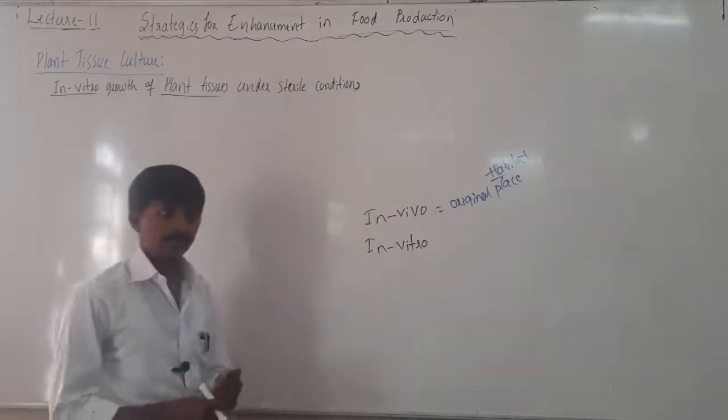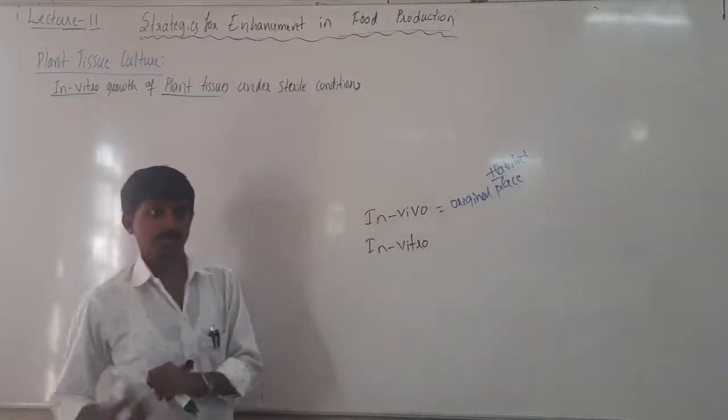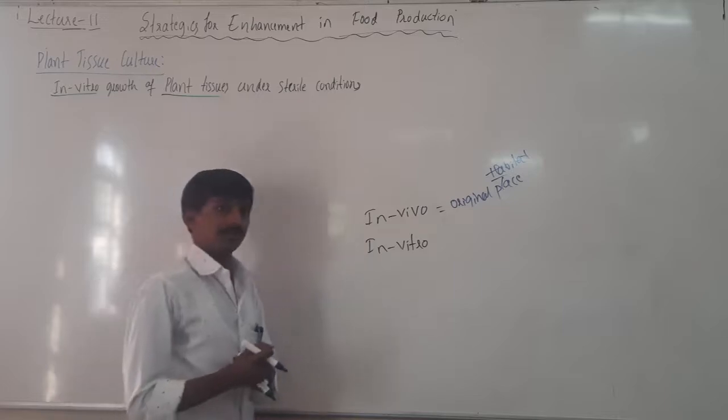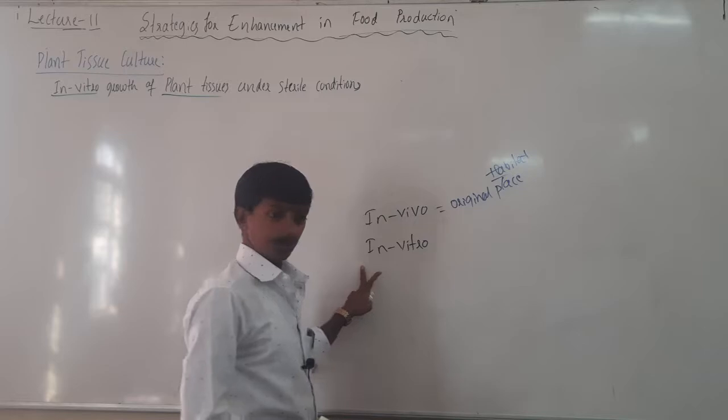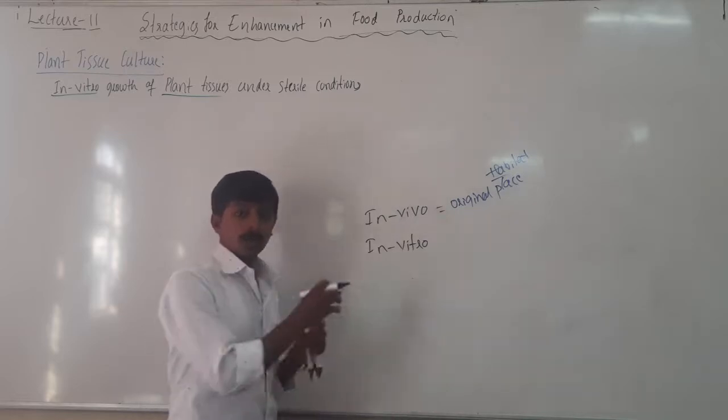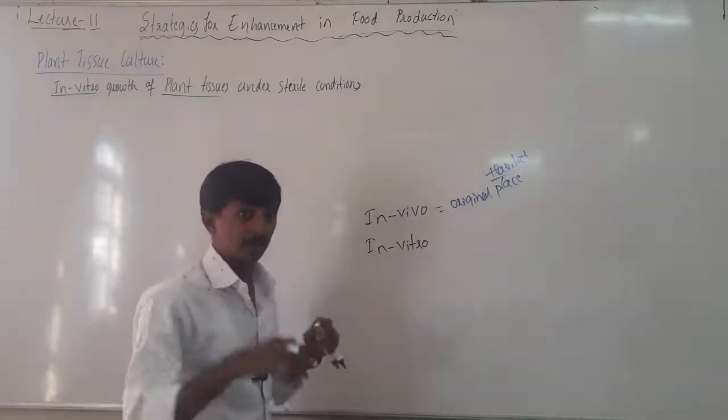But if the plant is brought out from its natural habitat and given all the facilities outside its natural habitat, it is called in vitro. Okay, growth of the plant outside its natural habitat, inside the laboratory.